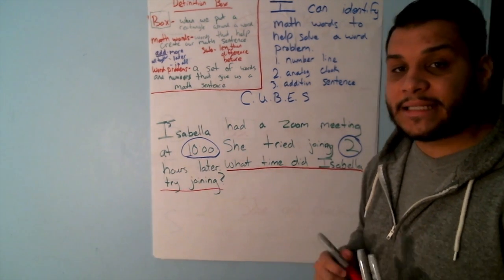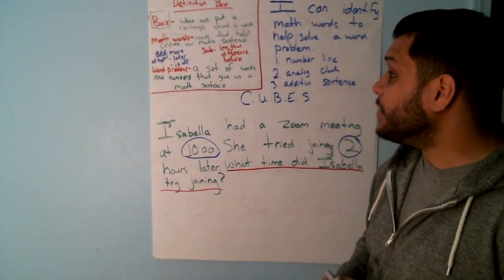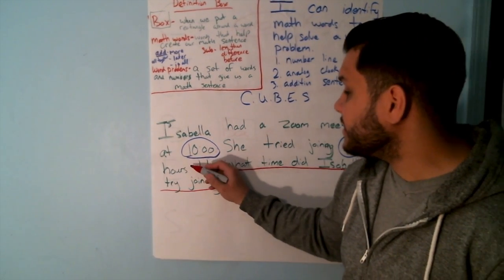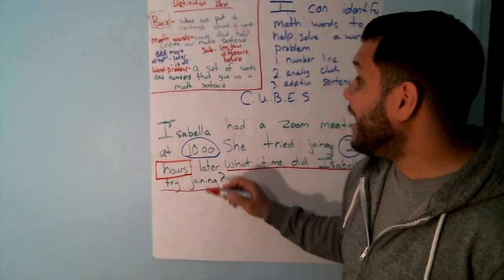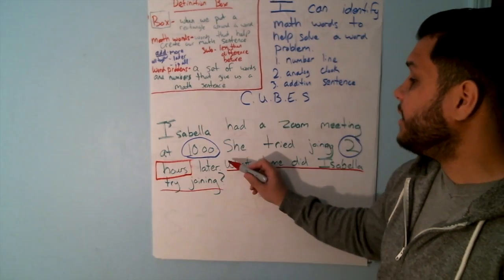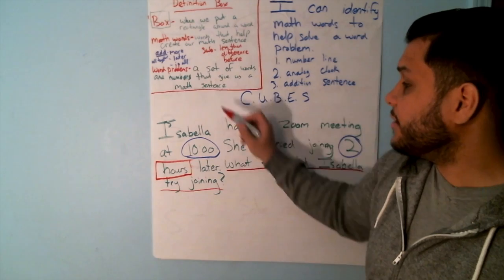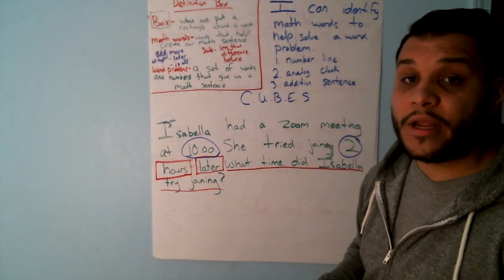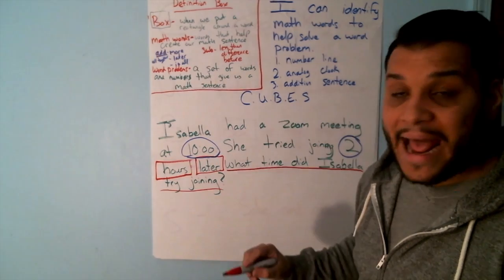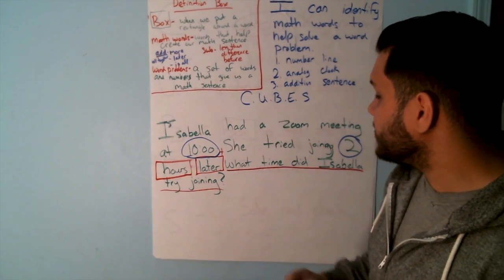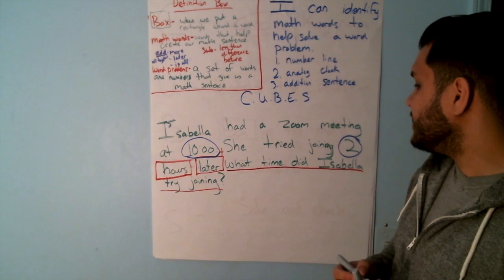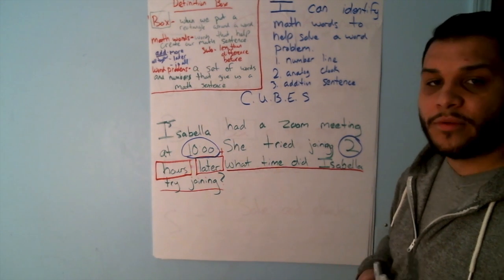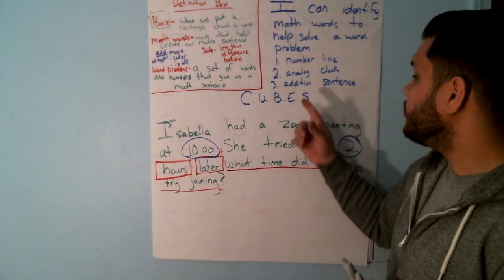Yes, we see the word hours. That lets us know what we're talking about. And we also see one of the words that we put here. Later lets us know that we are going to add. Awesome job. What time did Isabella try joining? Any more math words? Nope. Let's move on to our next one.